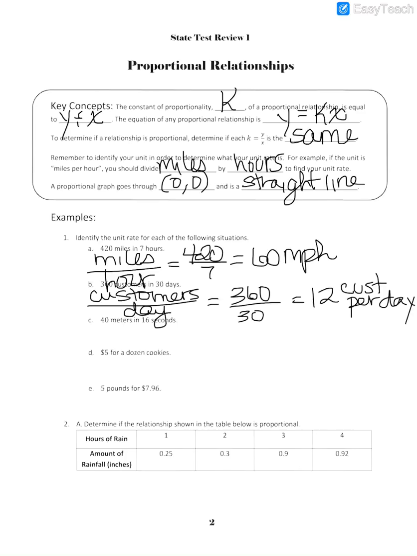Okay, next one, C, 40 meters in 16 seconds. We want meters per second. So that's 40 divided by 16. We will just reduce it to 5 over 2.